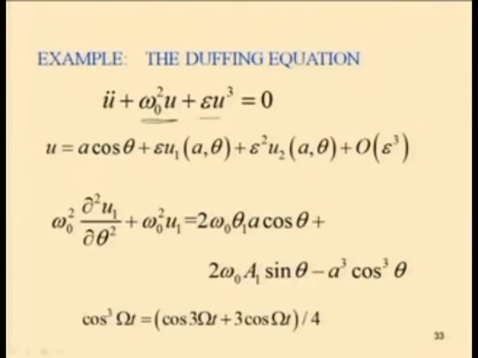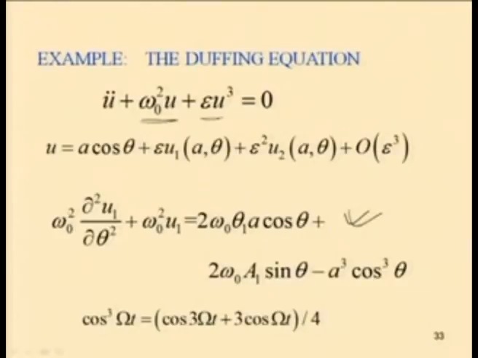Now, for the term epsilon u cube, one can cube this term, which follows the form a plus b plus c whole cube. So, one can find the cube of this term, expand it, and then separate the order of epsilon. So, one can get the first equation.